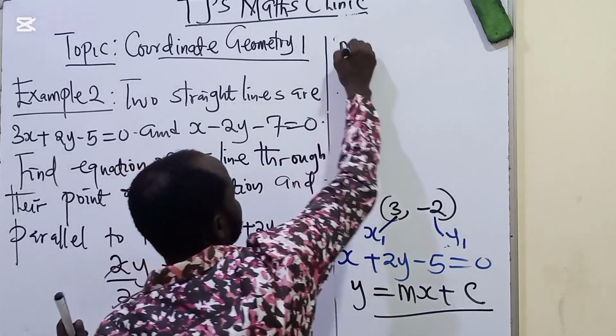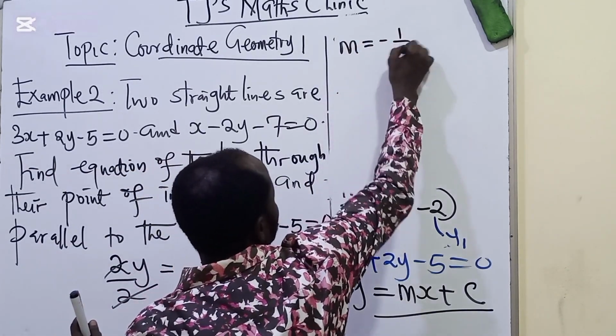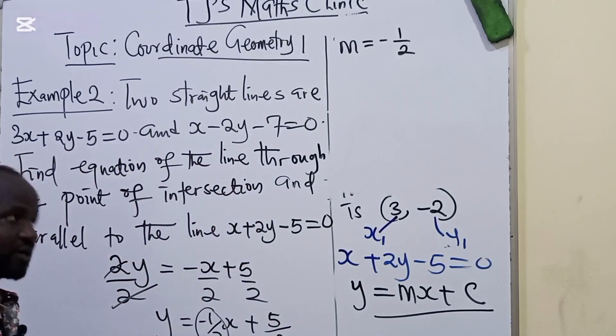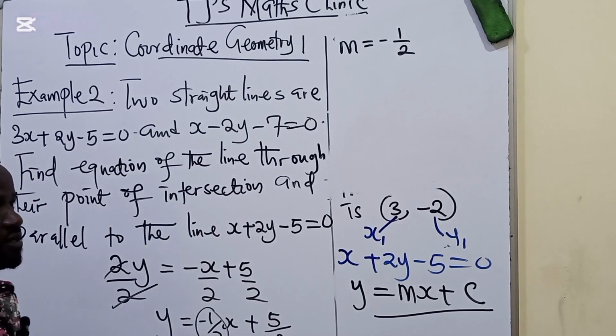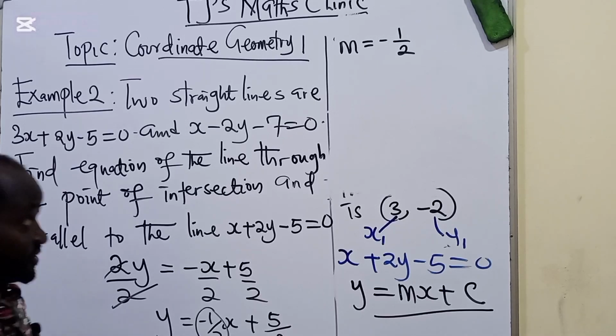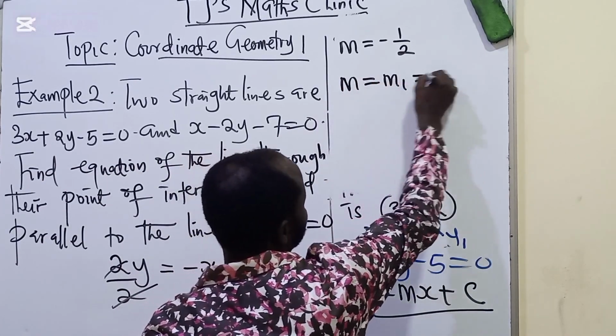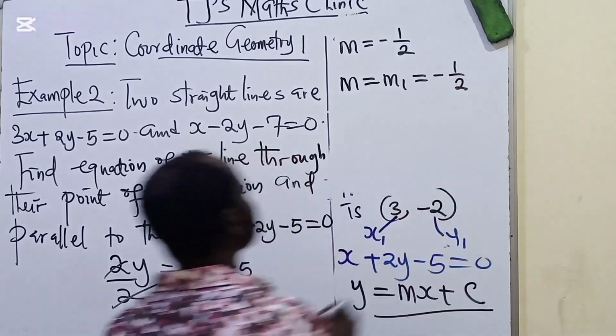So it means m is equal to minus half. Since both lines are parallel to each other, it means they have the same gradient. So m will be the same as m1, which is equal to minus half.